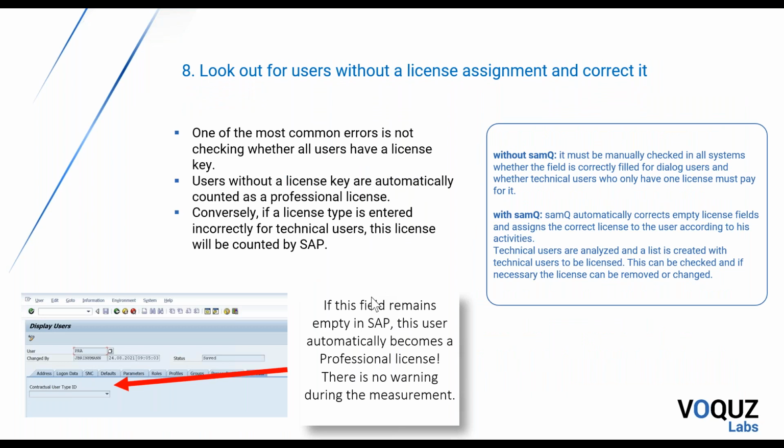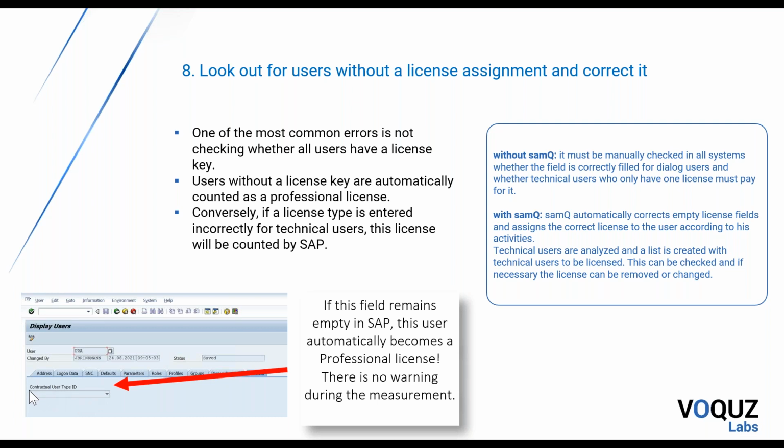Okay, so another thing that happens during the USMM execution. Look out for users without a license assignment and correct this. The way USMM works is that whatever user does not have a license key in its file, SAP will assign them the contractual user type ID that you find here in this field in the user management.